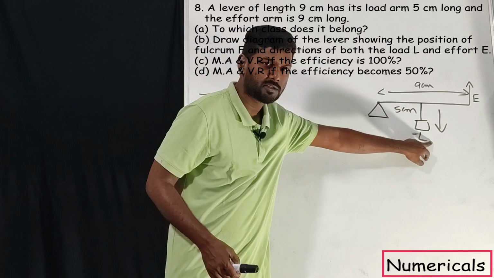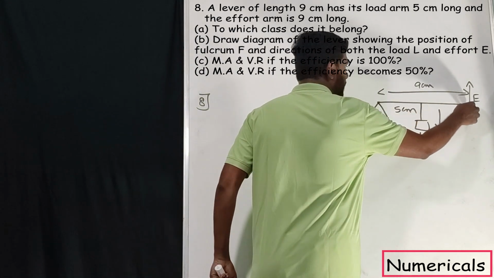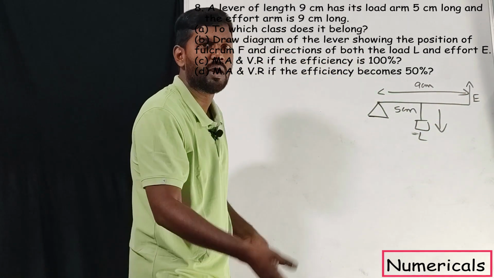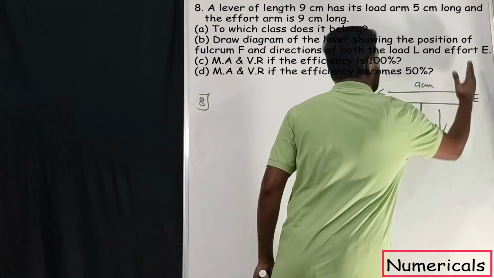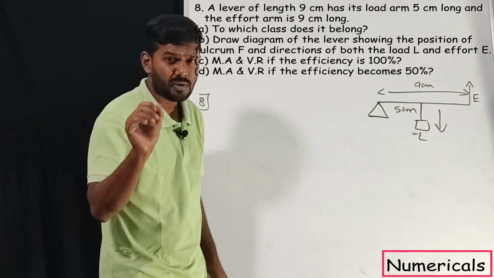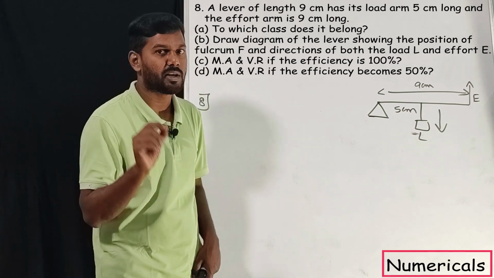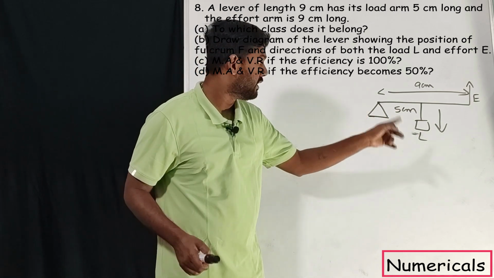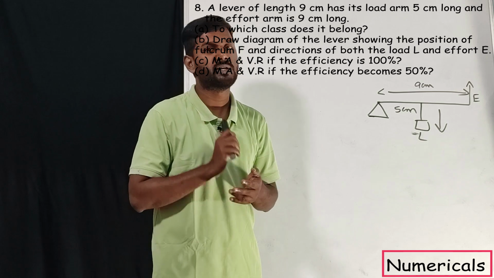And how can we balance this scale? If I apply the effort in the downward direction, do you think it is going to balance or it is going to fall? It will definitely fall. To balance it, the effort will be in the upward direction. Which class lever is this? Class 2 lever, correct? In a class 2 lever, the effort arm is greater than the load arm. So in a class 2 lever, the direction of effort and load will be in opposite directions.